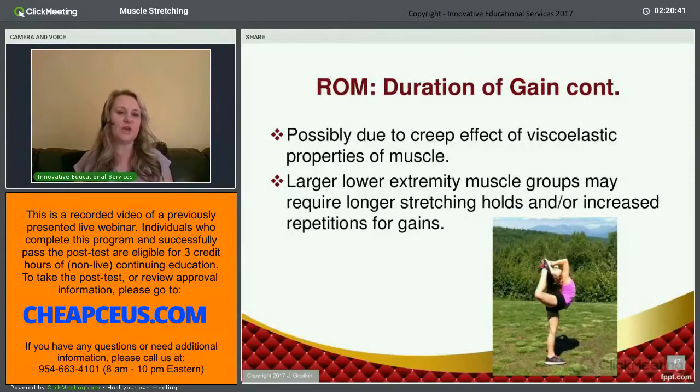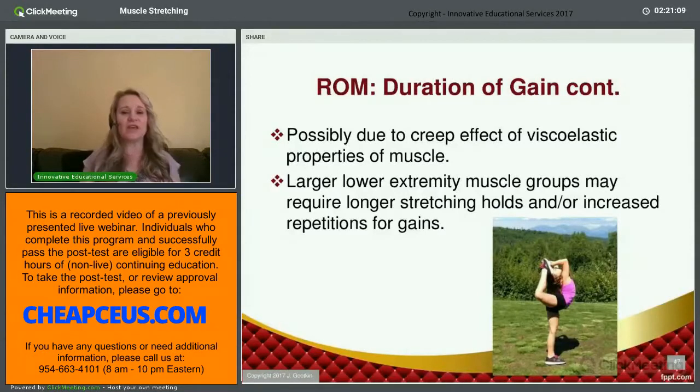So your quadriceps, your hamstrings, maybe your gastroc that have more cross-sectional area, you're going to want to be at the higher end of the hold times and the higher end of your repetitions, as opposed to your smaller muscle groups, maybe your wrist flexors or extensors, or if you're an OT hand therapist, your smaller intrinsic muscles of the hands. They may not need as much of a hold time in order to make their gains.